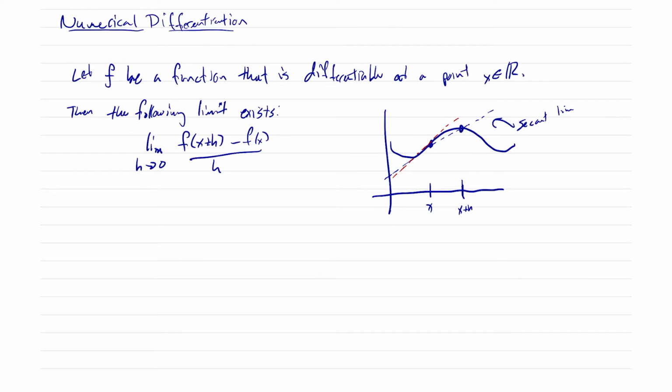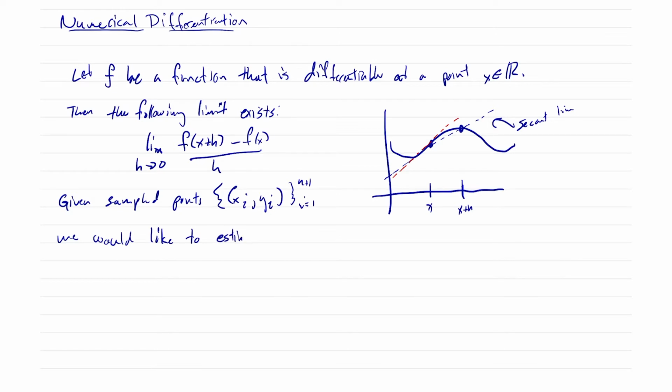So given sampled points, say xi, yi, sometimes we'll have control of this. So 1, 2, and n plus 1 if we'd like. Given sampled points, we would like to estimate f prime of x.